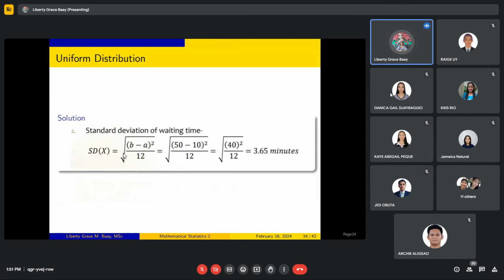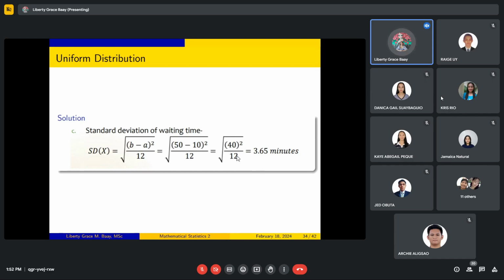And lastly, for the standard deviation, this is just the square root of the variance. So the variance is equal to b minus a squared divided by 12. Getting the square root, and then substitute ang value sa b and sa a. So 50 minus 10 is equal to 40 squared divided by 12.